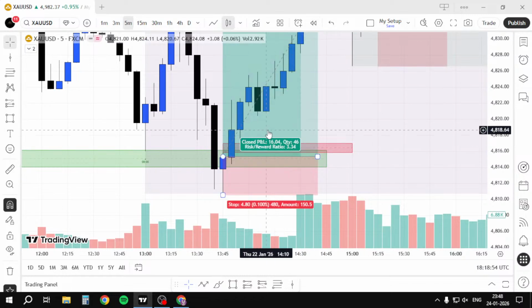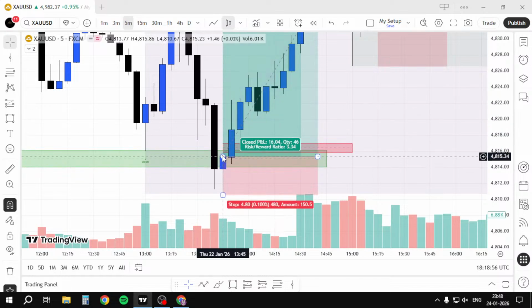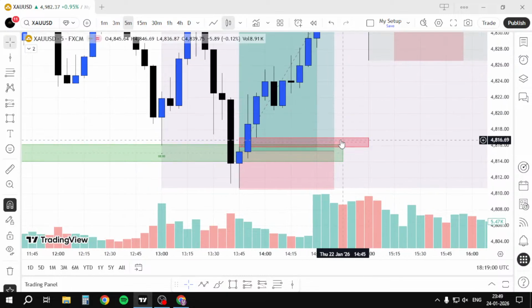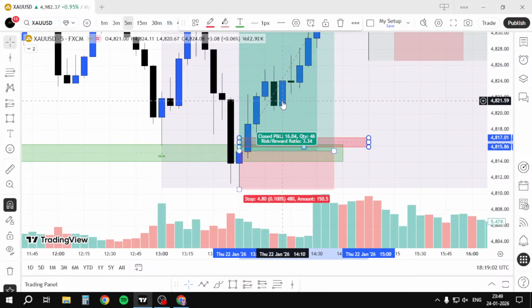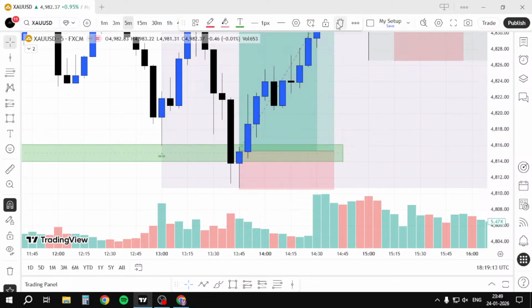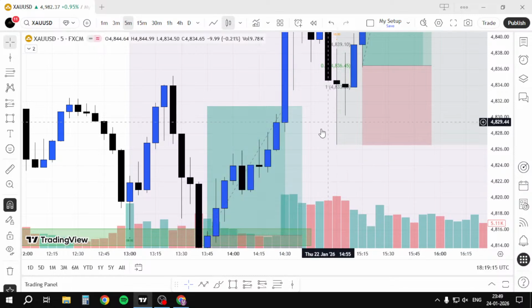But you don't have to re-enter on that zone because your entry will be there. That is reconfirmation. Now see, hopefully this is a good move, that the market didn't tap this FVG and went upside.